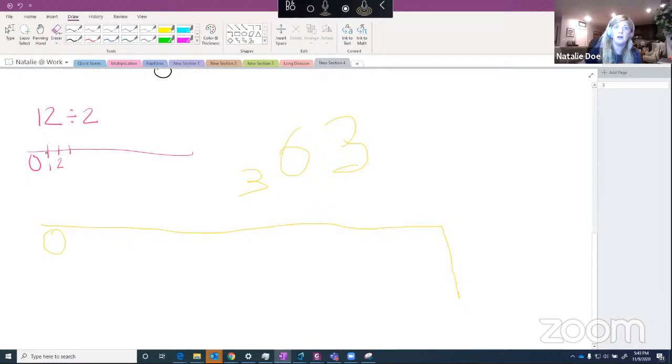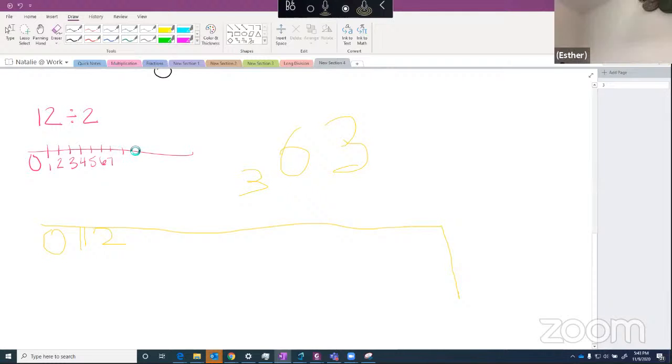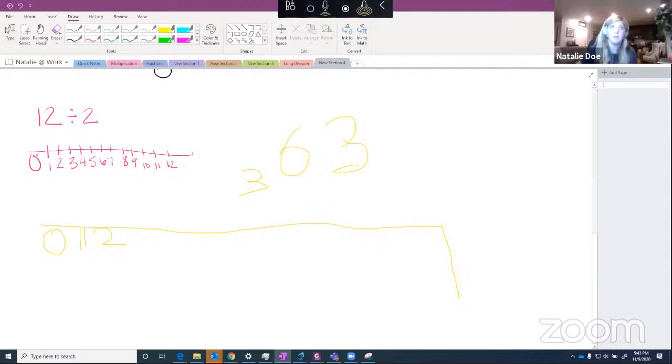So you make a little tick mark for every 1 all the way up to 12. Okay, so for this problem, we've got from 0 all the way to 12.